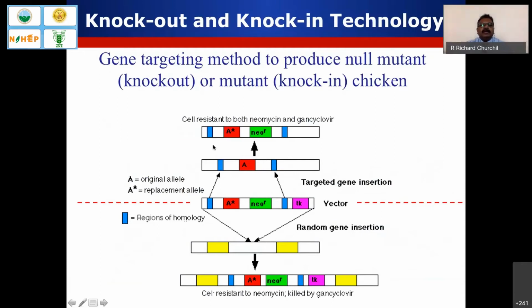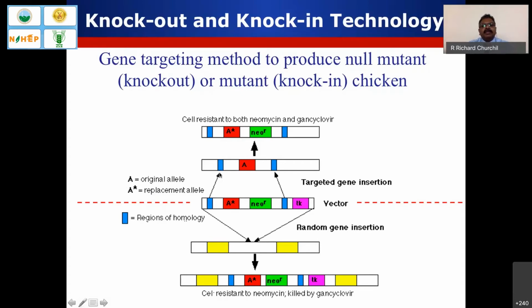Here, this is the vector or the foreign gene, homologous to the genome of the host. You see the homologous areas of the genome of the host are made in the transgenic construct also, these blue areas, right?